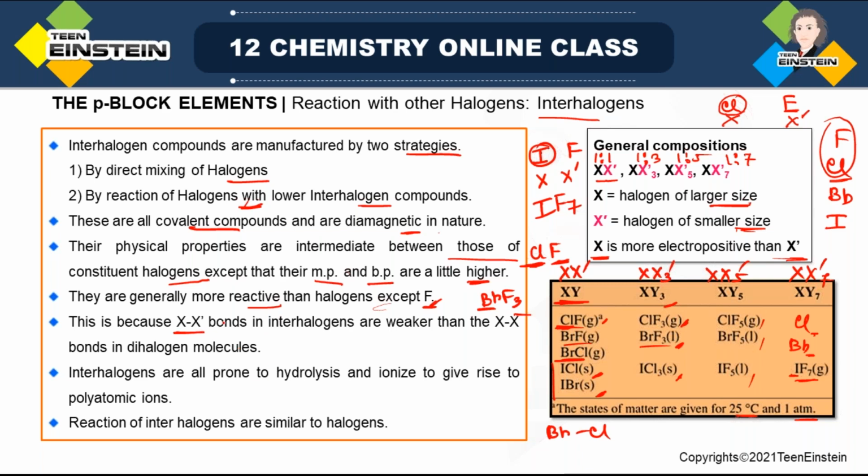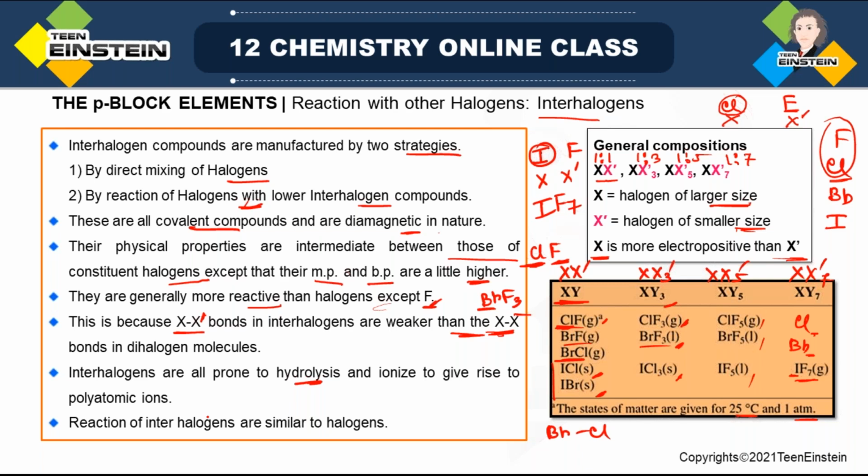This is because the X-X' bond in interhalogens is weaker compared to the same-atom bond in the actual halogen, that is the X-X bond. That is the reason. They are prone to hydrolysis. That means when interhalogens react with water, there will be some product formation and it will ionize to give rise to polyatomic ions.